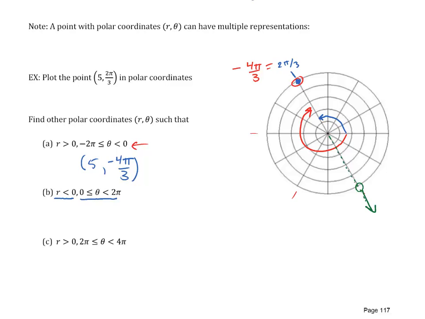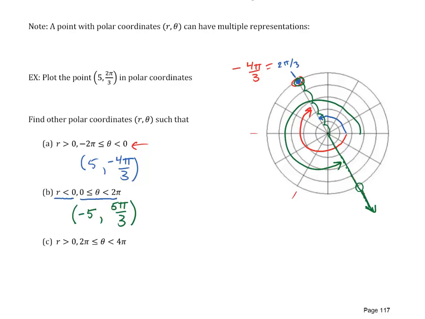But if I chose this direction that I have written in green, but then picked a negative 5, that would require me to go backwards 1, 2, 3, 4, 5, and end up at that same point. So whatever this angle is right here, if I were to put a negative 5 on it, that would get me to the same point. So going around this way to get to the green, that is 5 pi over 3.